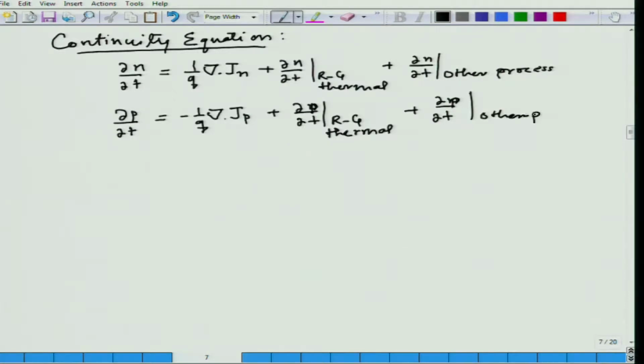Now, this is the general form of the equation, and then we reduced it with some simple approximations and gave the equations for minority diffusion, under the approximation for the minority carrier diffusion equation.